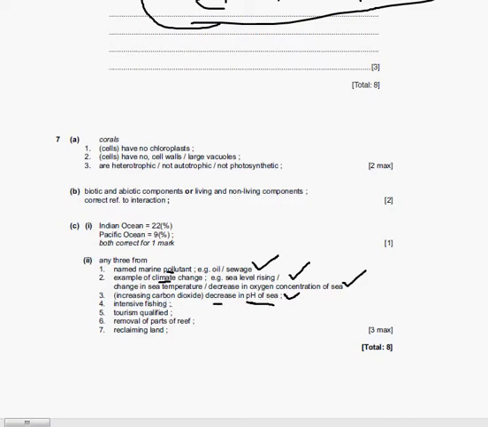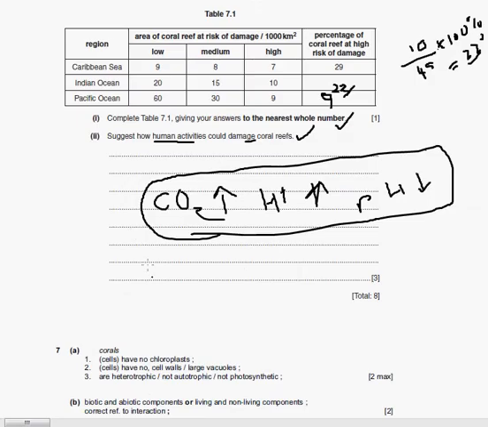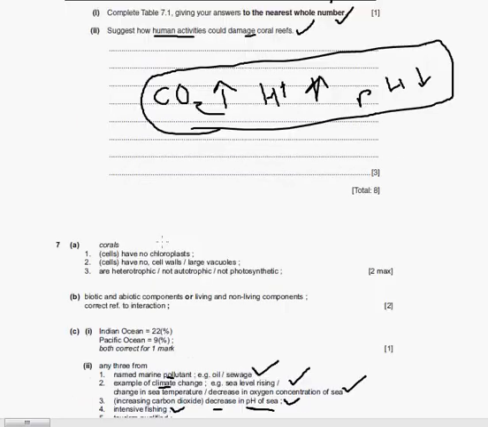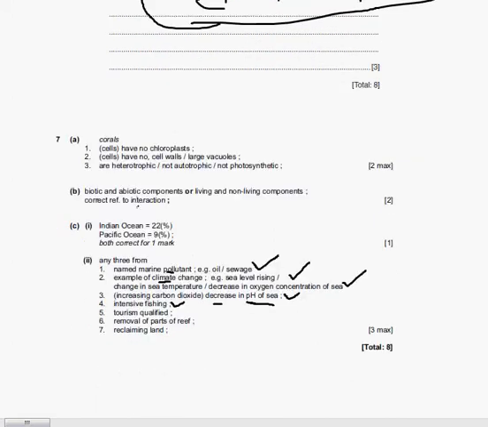And then there is intensive fishing. You should understand that if fishing is done, corals do not have things to feed on anymore, or even the corals can be fished. If, for example, nets are used, those nets can take even corals together.